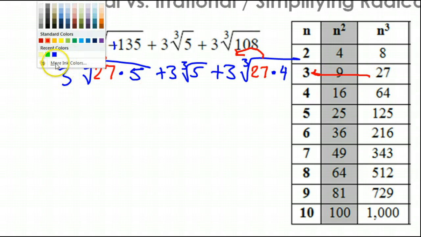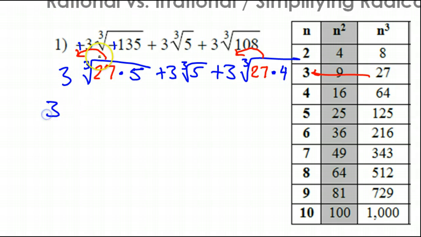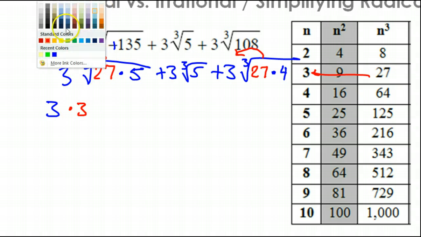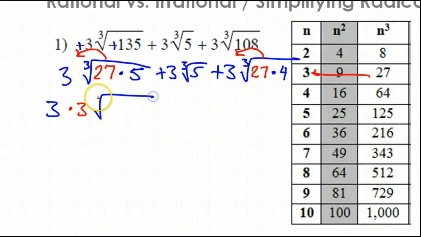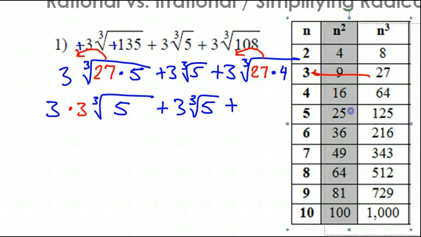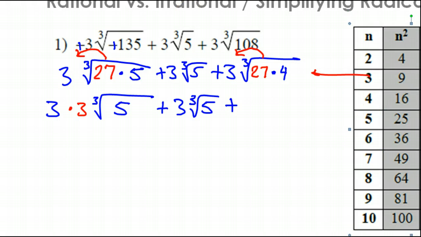So I'm bringing down this 3, but then the cube root of 27 is 3 outside the radical. Then I'll bring down the rest of it, so this will be the cube root of 5. Then I've got plus 3 cube roots of 5, plus, again I've got this 3 that I'm just bringing down.